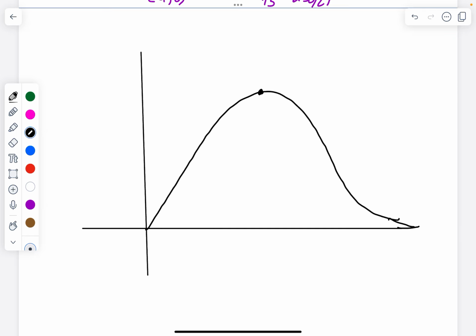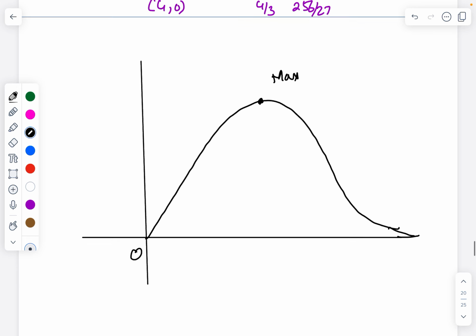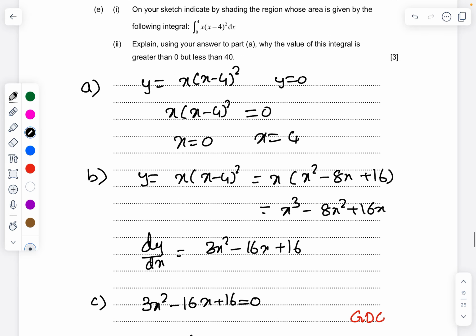You can see that this is the maximum point, and the x-intercepts. What was the x-intercept? X-intercepts were 0 and 4. Those are the x-intercepts. That's the maximum point. That's going to be the answer.